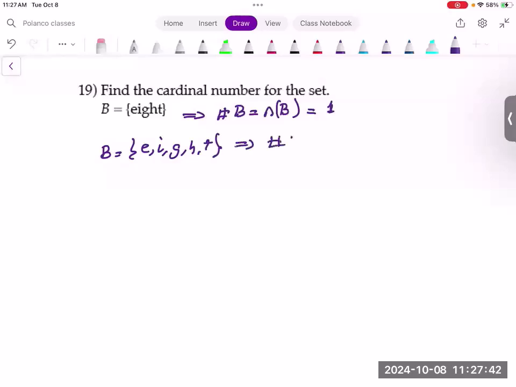What is the cardinal of B here? So it's 1, 2, 3, 4, 5. So the cardinal is going to be 5 elements. So every time you are separating, there is a new element, you're going to see a comma in between, right? See, in this one, this 8 did not have any comma, so it is considered only one element. Are we okay, guys, with this? Okay.